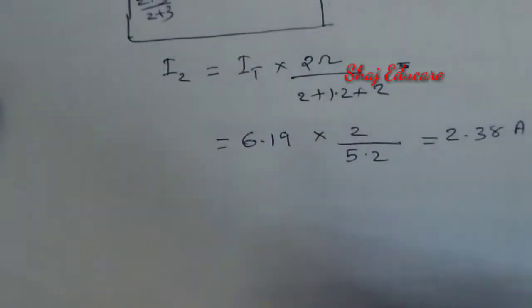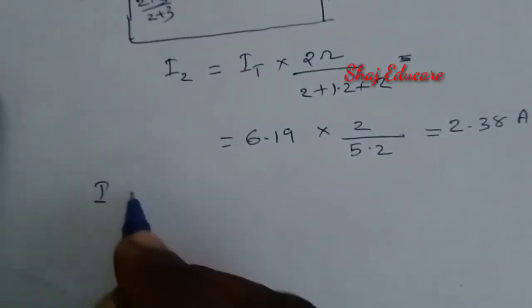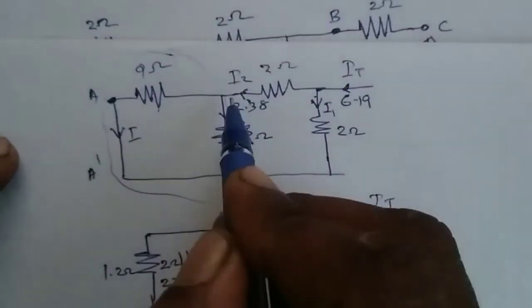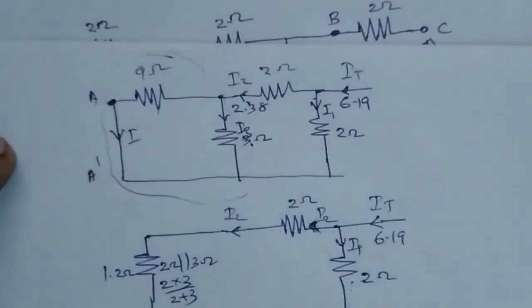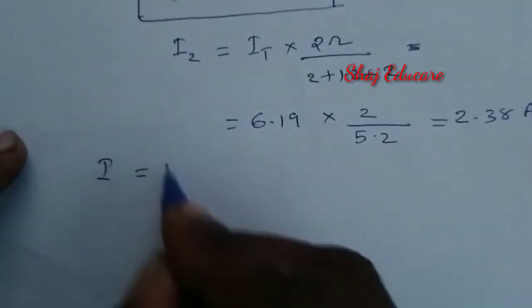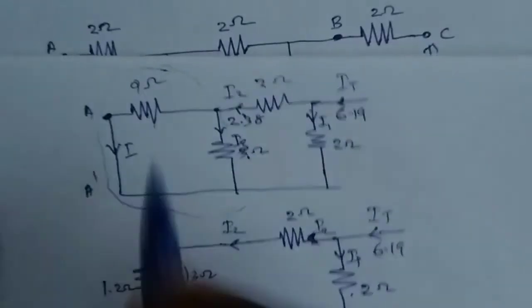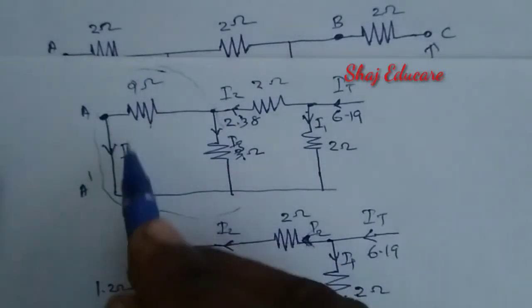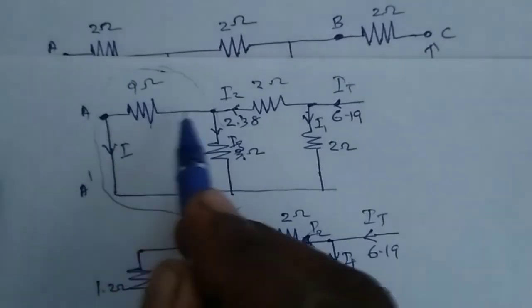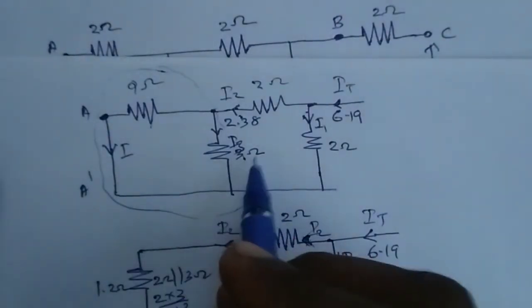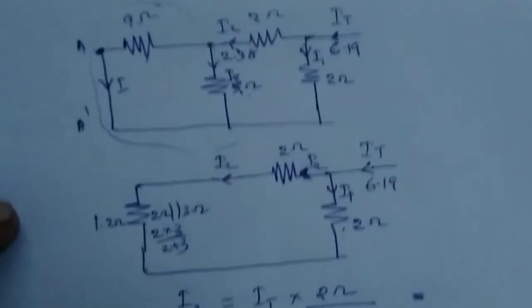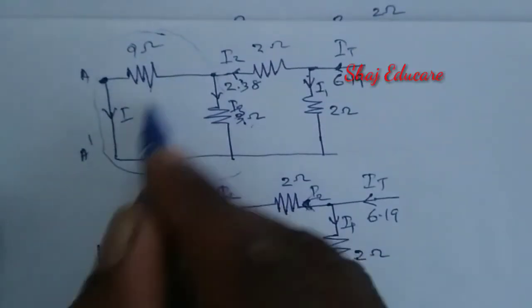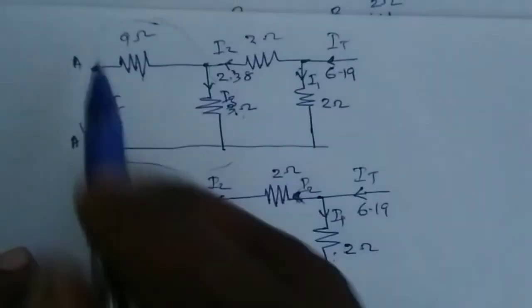I is equal to the total current coming to this node, that is I2, into the resistance opposite to the flow of this current I, that is this 3 ohm resistance, divided by the total resistance in this loop, that is 2 ohm plus 3 ohm.